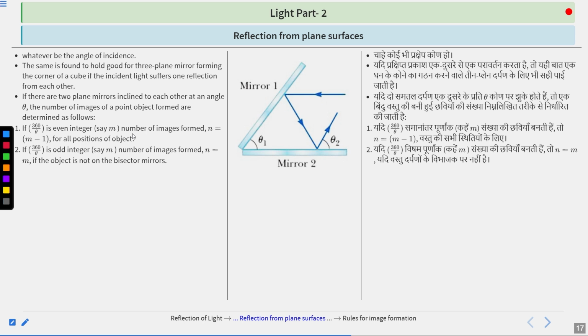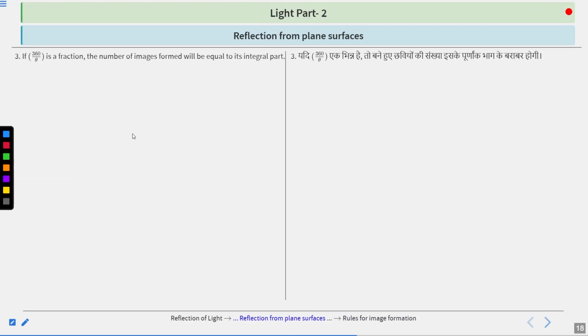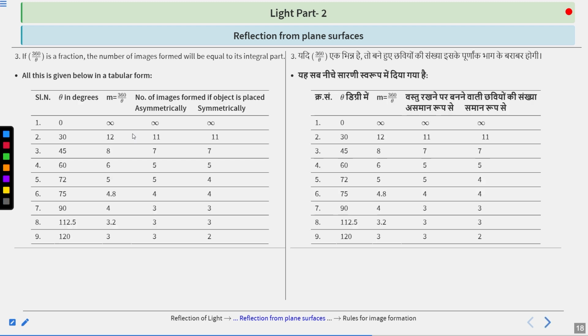If 360 by theta is an odd integer, say m, then n equals m if the object is not on the bisector of the mirrors, and n equals m minus 1 if the object is on the bisector of the mirrors. Now, if 360 by theta is a fraction, the number of images formed will be equal to its integral part. All this is given below in tabular form.